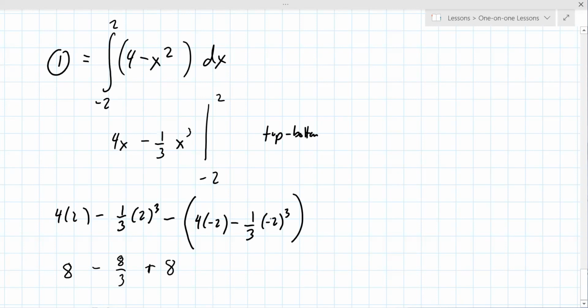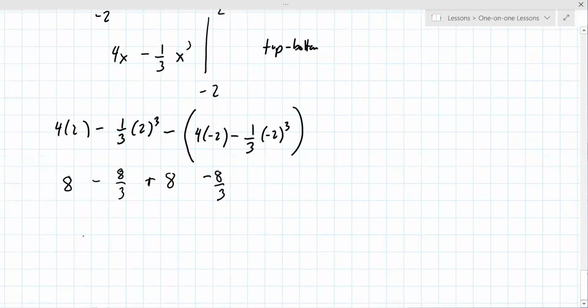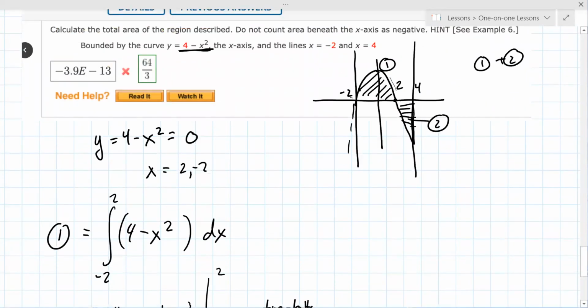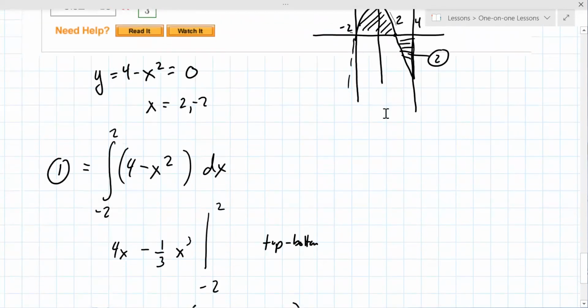This inside here is -8 times -1/3, that's +8/3, minus 8/3 there. So this becomes 16 minus 16 over 3. Now I'm going to hold off on combining this because we have to do this other one, and you might find it has something that cancels out. So we'll do that in a moment.